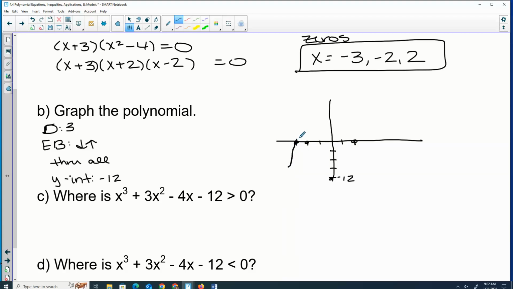Go through, come back and hit this one, go through, come back and hit this one, go through, and it keeps going and matches my behavior. Please make sure when you're drawing those that it does look curved. It's not a zigzag. And make sure it's a function at the end. It should pass the vertical line test.